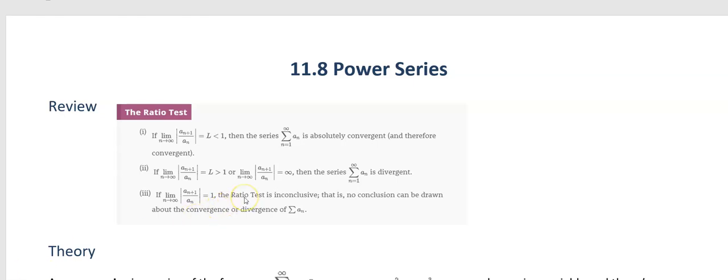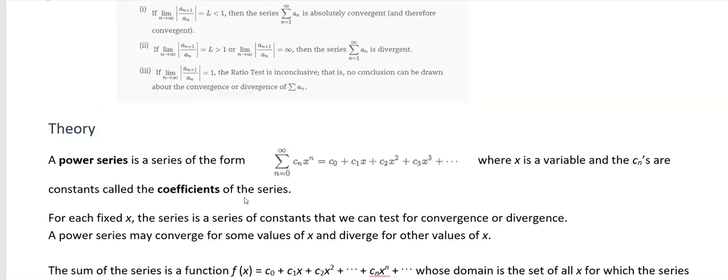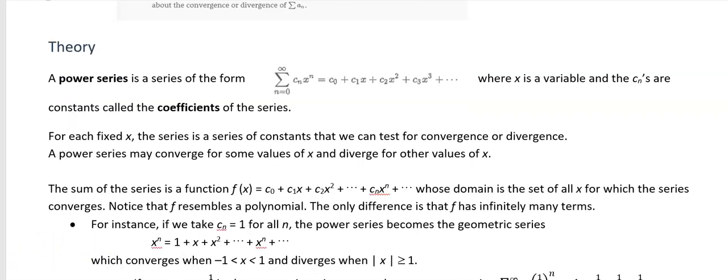So now that we've done the quick review of the ratio test, let's talk about what a power series is. A power series is a series of the form, the summation from 0 to infinity of c sub n times x to the nth power, where this would look like c sub 0 plus c sub 1 times x plus c sub 2 times x squared, and so forth, where x is a variable and the c sub n's are constants called coefficients of the series.